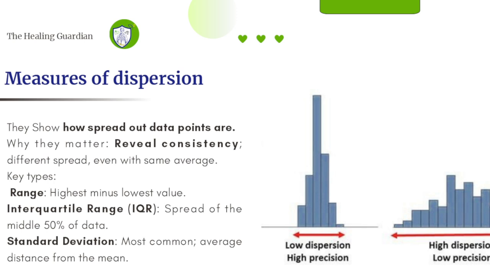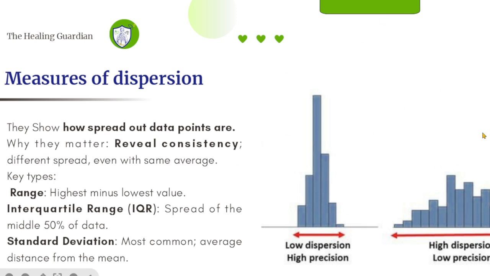You can measure a certain population, maybe you're measuring weight in a certain village and weight in another village. Just because they have the same weight does not mean that the dispersion is the same. We need to know how spread out are the data points, and we use mainly four values: the range, interquartile range, standard deviation, and variance.